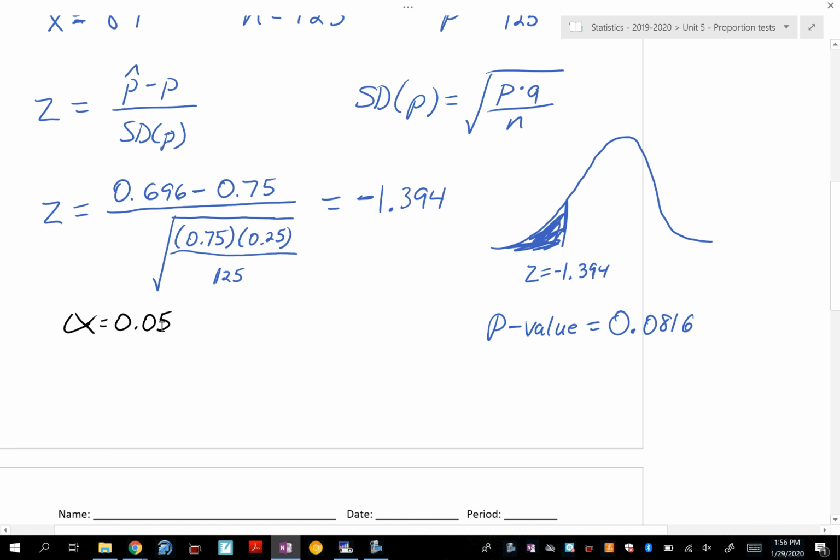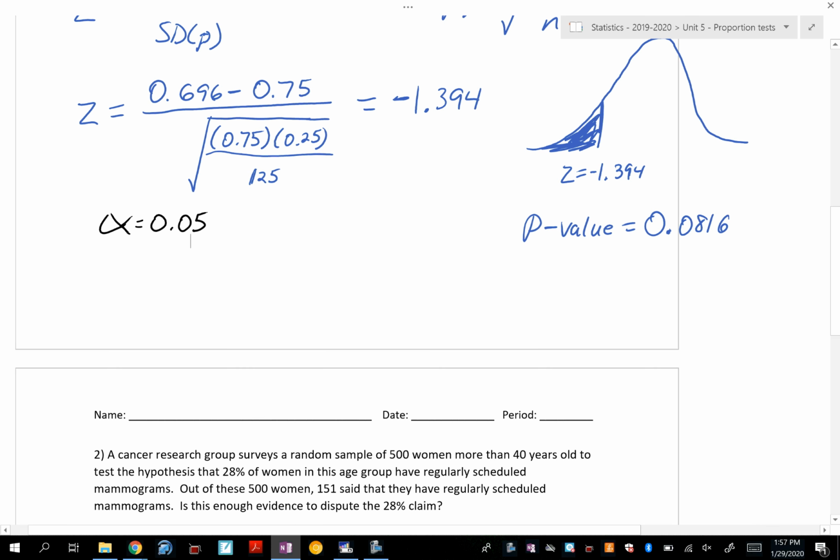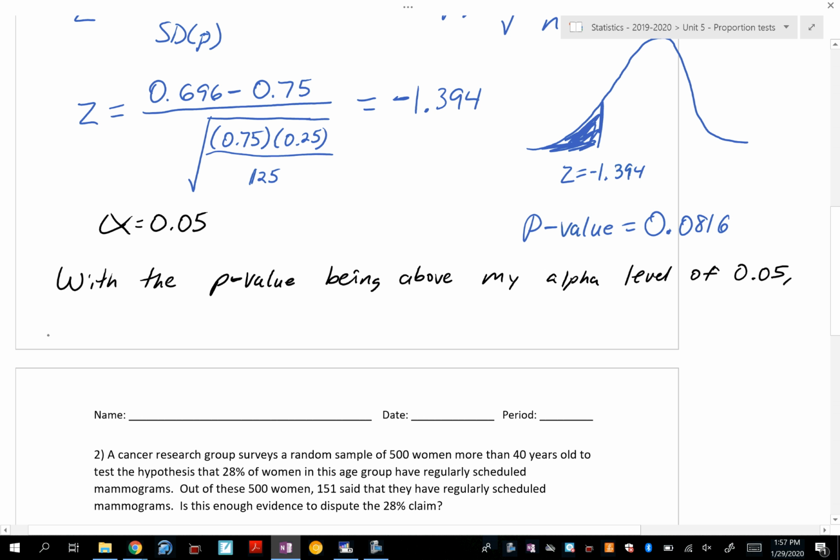All right? So I'm going to write my first statement, which is, with the p-value, I think, Daisy, you were asking about this on the previous problem, with the p-value being above my alpha level of 0.05, I am going to fail to reject the null hypothesis.